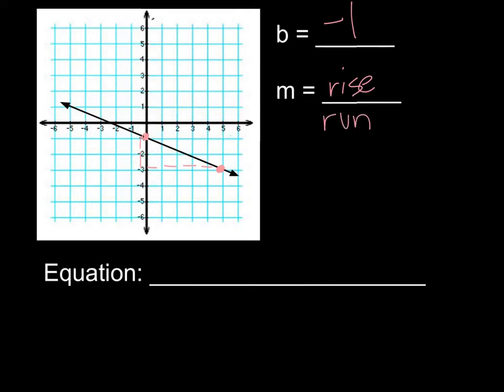And my rise is, starting here, 1, 2. And my run is 1, 2, 3, 4, 5.